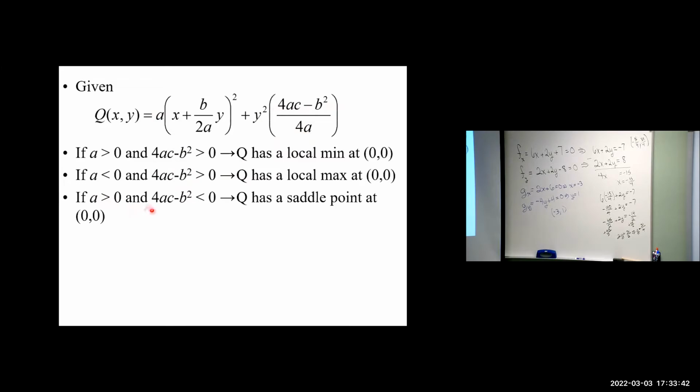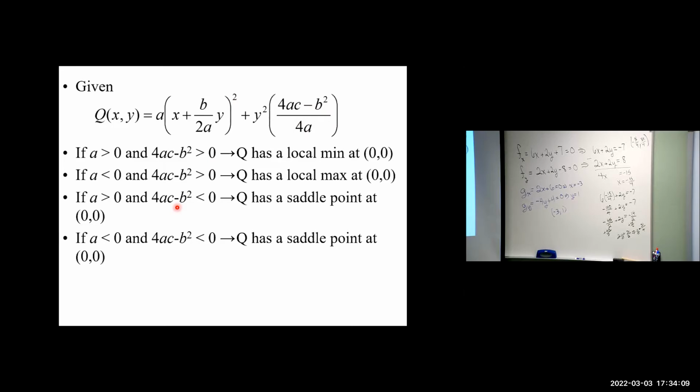If a is greater than 0 and now 4ac minus b squared is less than 0, then because a is positive, we're concave up in the x direction, and we have a negative over a positive, which is negative, so concave down in the y direction. That's where we get our saddle. Very similar, this will be a saddle as well.